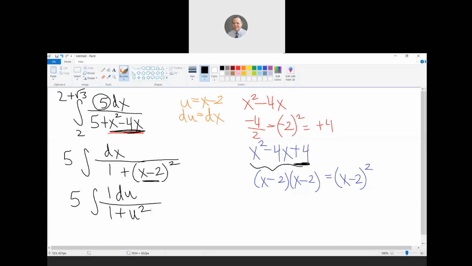Now, the integral of 1 over 1 plus u squared is, again, inverse tangent. I'm sorry, 1 over a times inverse tangent of u over a. So that is our integral formula that we need to use.